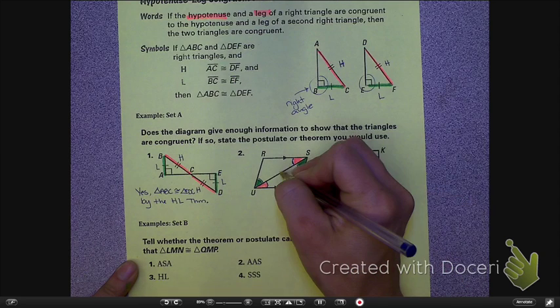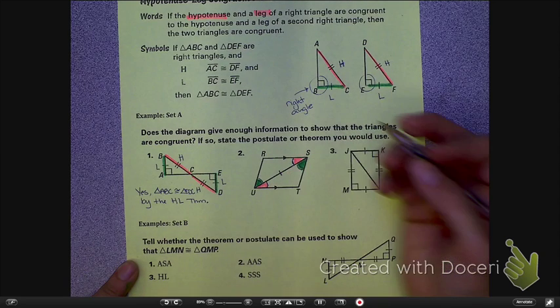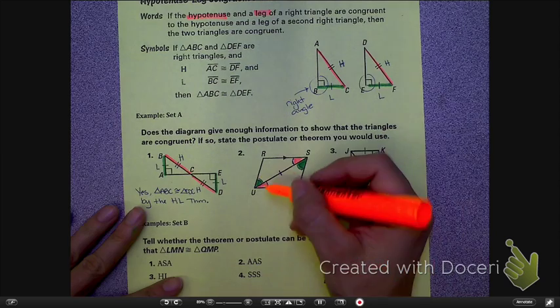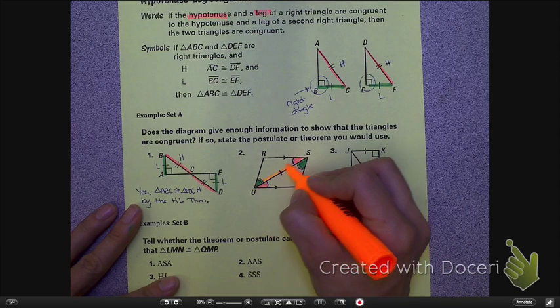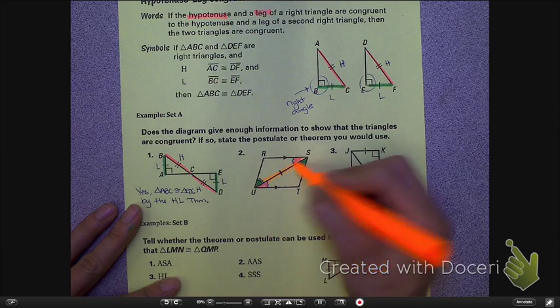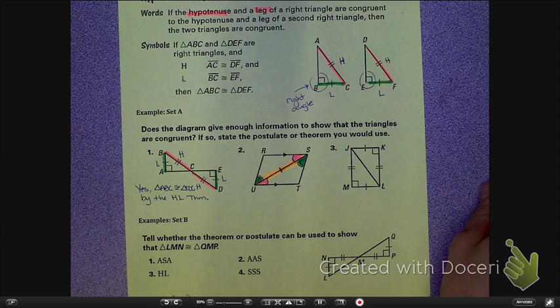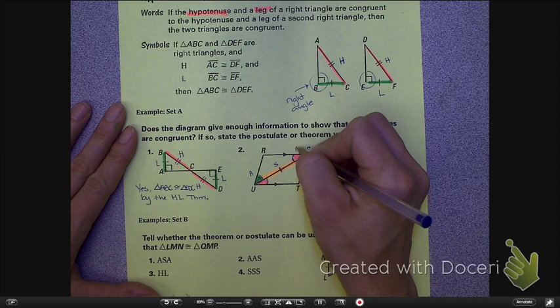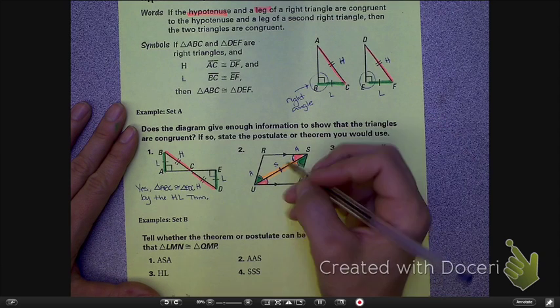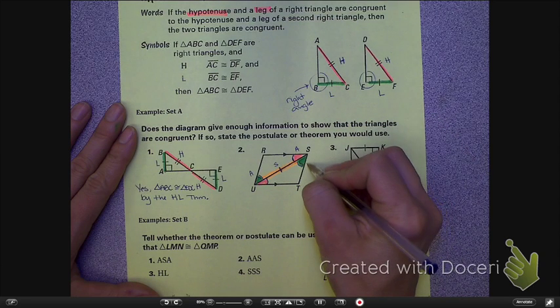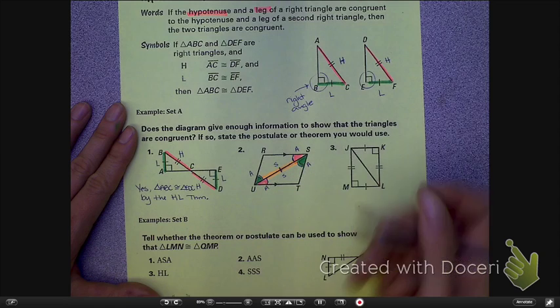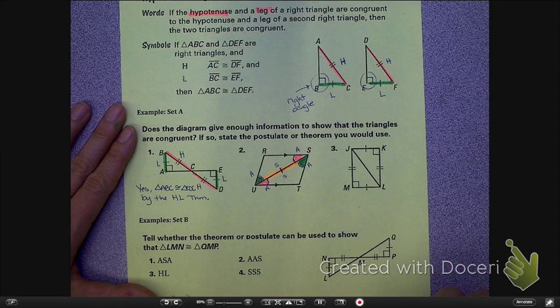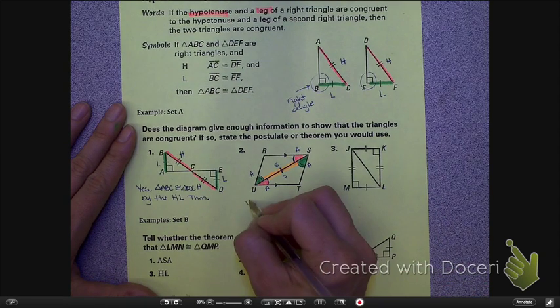So I can mark that common side congruent to itself and use that as part of my evidence for why I can prove them congruent. So here I have angle, side, angle, and in the other triangle, angle, side, angle. So these two triangles are going to be congruent.